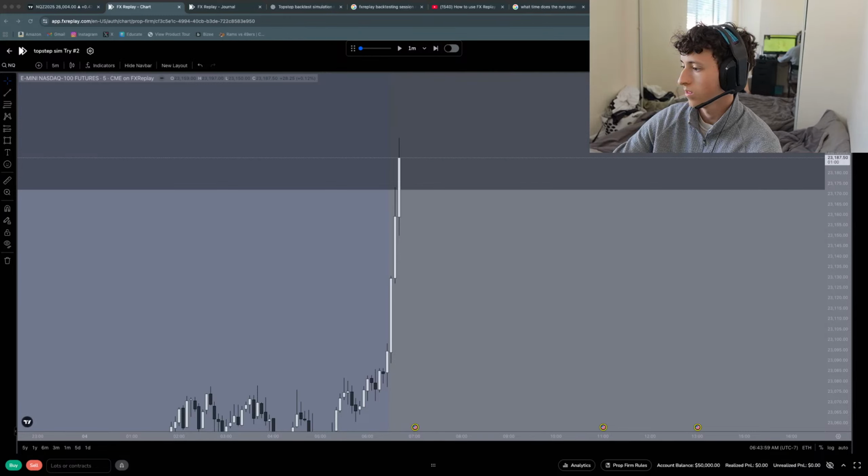Bang, we got it once again, bouncing off the 5 minute right here. We bounce off those higher time frame fair value gaps as well, inverse to the upside.